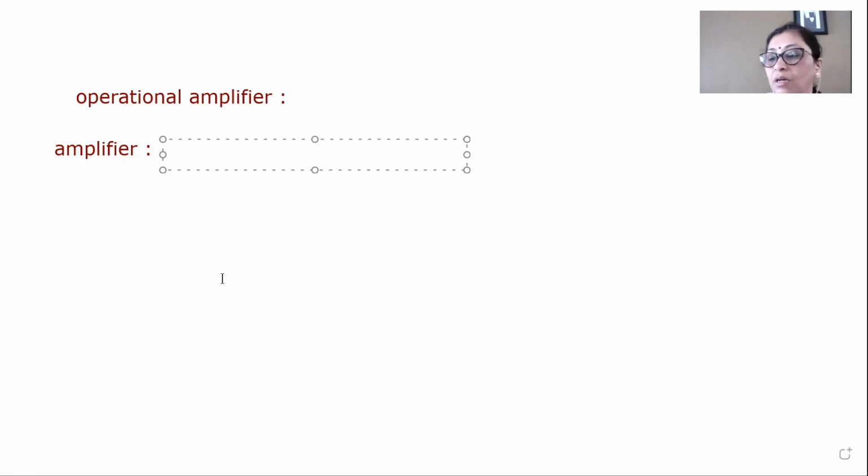Okay. But this operational amplifier is an amplifier in the form of an integrated circuit. Do you have an idea what an integrated circuit is?